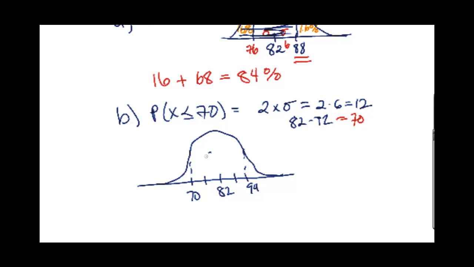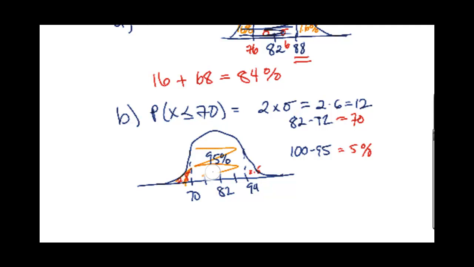And there's 95% of the data in between those two values. So what you can do is 100 minus that 95 to determine how much is left for the peripheral parts. That's going to be 5%. Divide by 2 means there's 2.5 here, 2.5 there. So we add this portion and that portion.